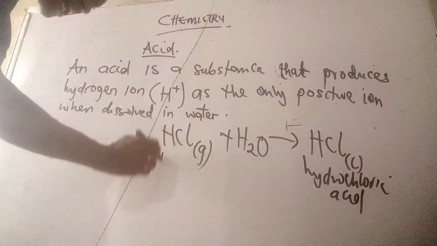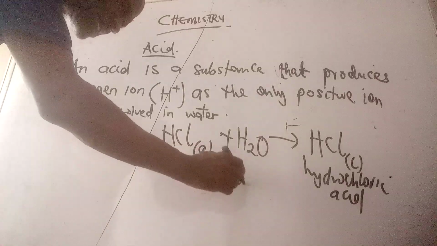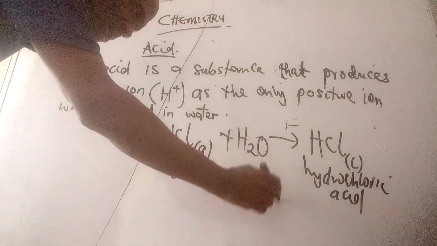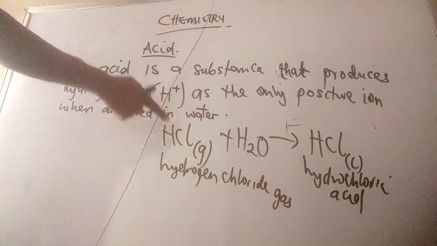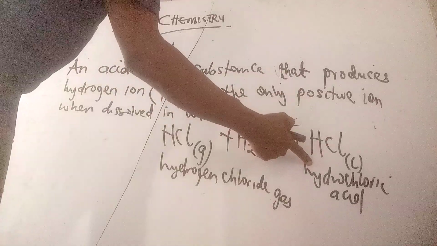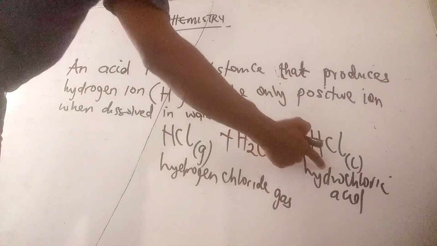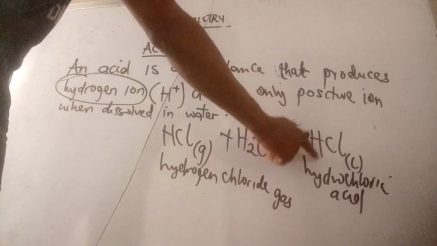This one is hydrogen chloride gas. So this is a gas, this is the acid form of it. But this gas, when dissolved in water, will become this hydrochloric acid. And it is this hydrochloric acid that produces this hydrogen ion while in solution.